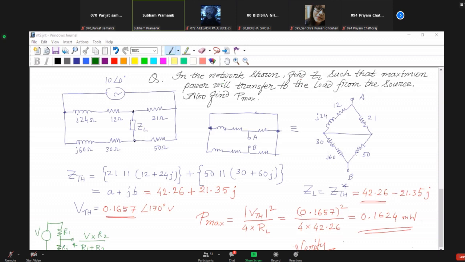Yes, obviously. There are 4 more theorems. Superposition, but you have learned superposition, but probably you didn't study dependent sources then. So naturally, the application of superposition will be different from what you learned. Then there is Millman's theorem. Then there is reciprocity theorem, compensation theorem, Tellegen's theorem.